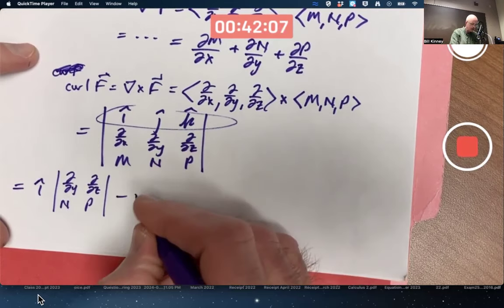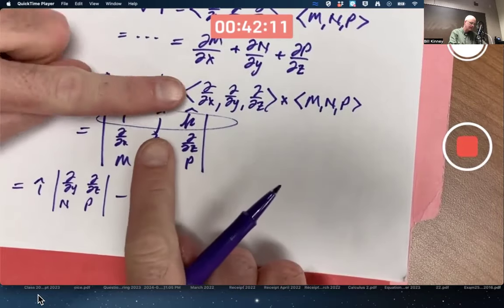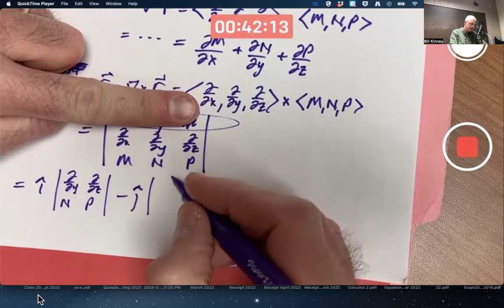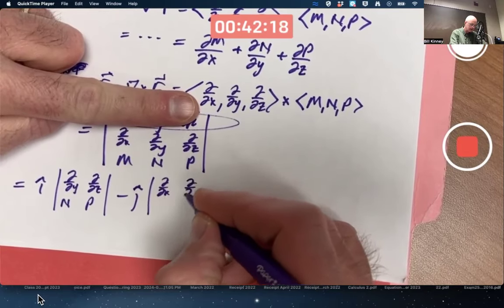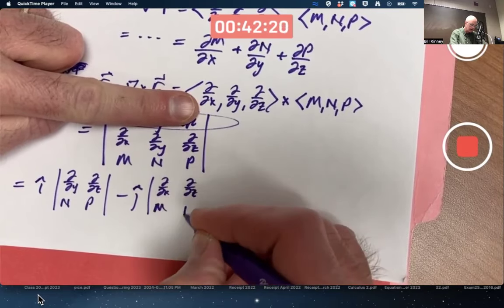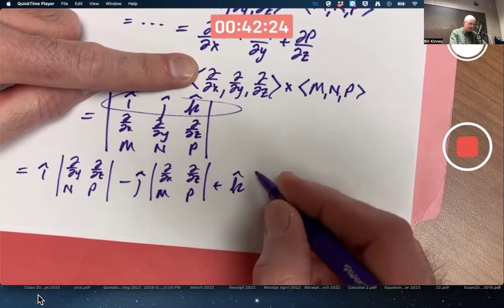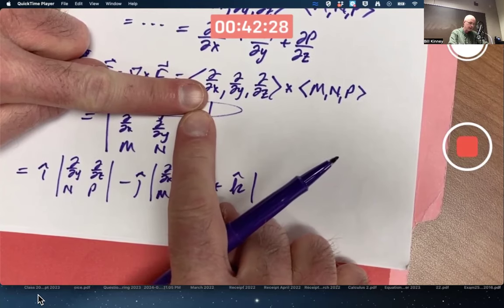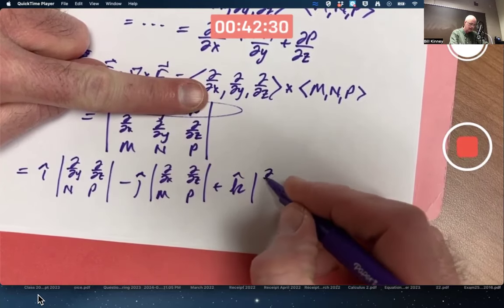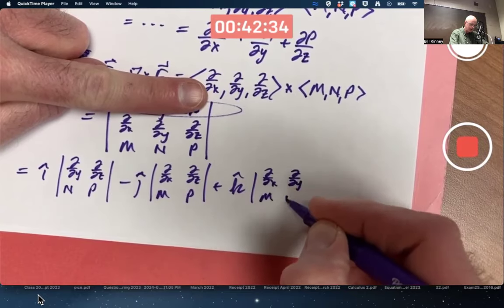Then I subtract j hat times the determinant that I get by crossing off the first row and second column, excuse me. And it's a minus sign there. And then plus k hat times the determinant of the matrix I get when I cross off the first row and third column. I did talk about this. Your memory may be quite fuzzy.